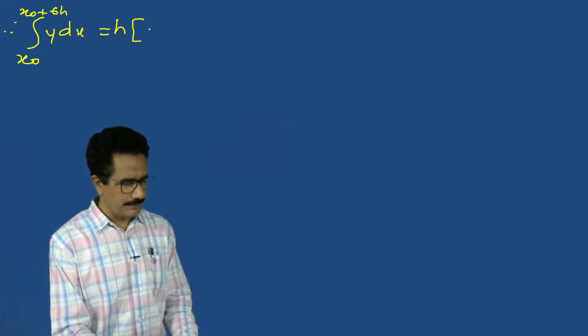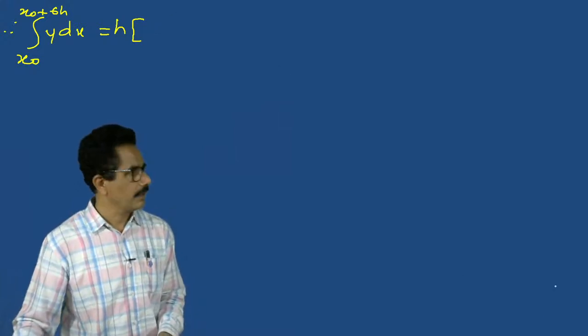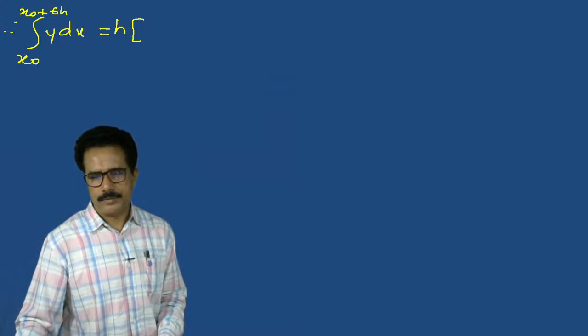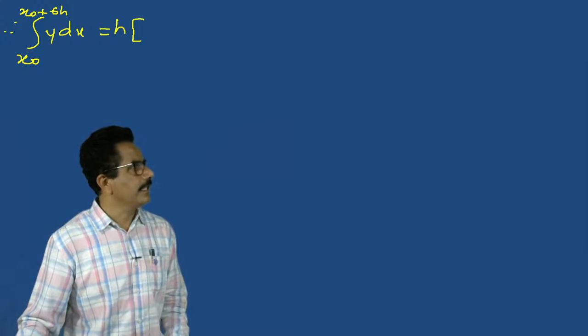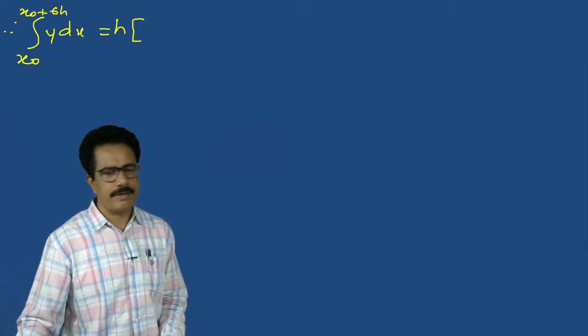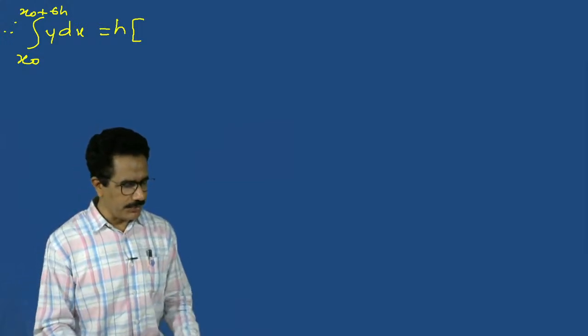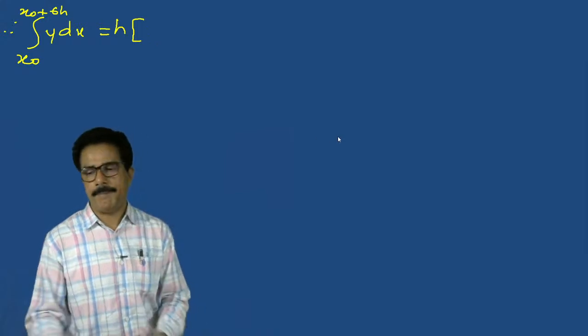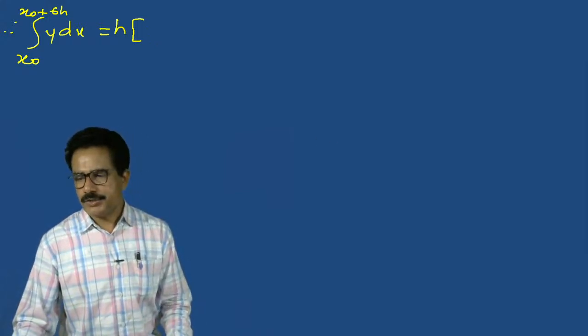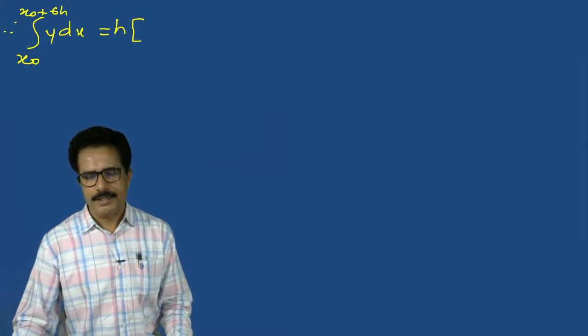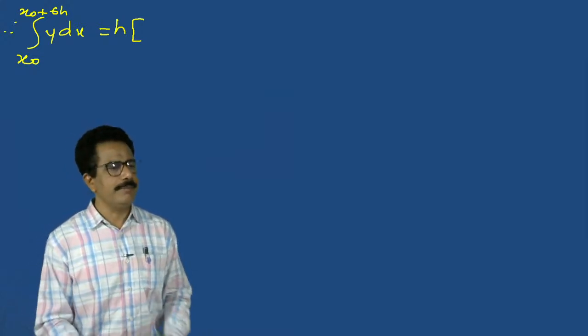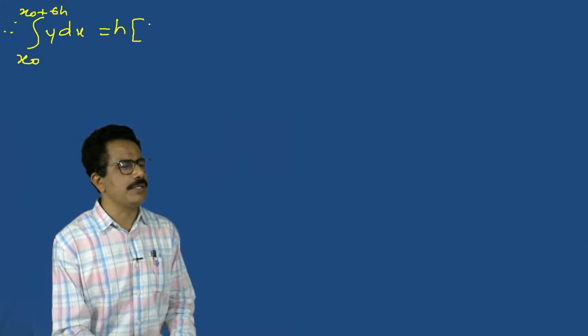So h into, one minute. So we will get h by 6. Now look, if we put these values in the equation, then okay, 1296? Fine, put 1296.